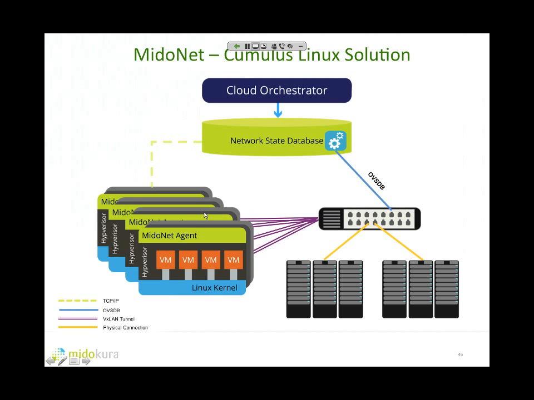So this allows our agents to directly create VXLAN tunnels to the top of rack and map to a VLAN in order for VMs residing on the compute edge to talk to physical servers or applications that can't be virtualized.